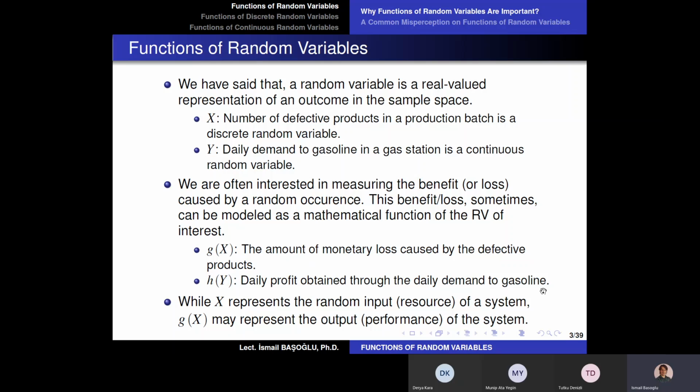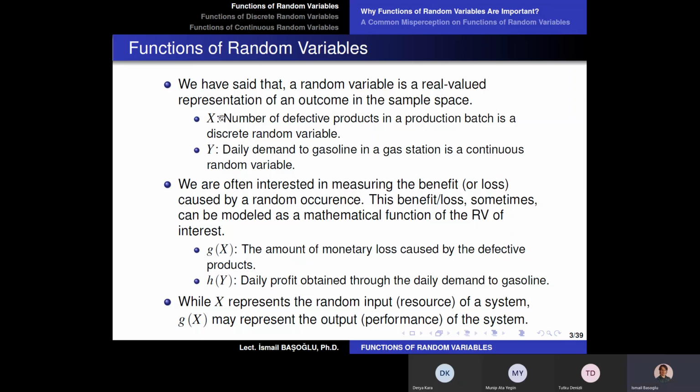So how much profit it will bring to me by selling this demand. So instead of being interested in the number of defective products or the daily demand for gasoline, I would be much more interested in a function of them, a performance function of them.